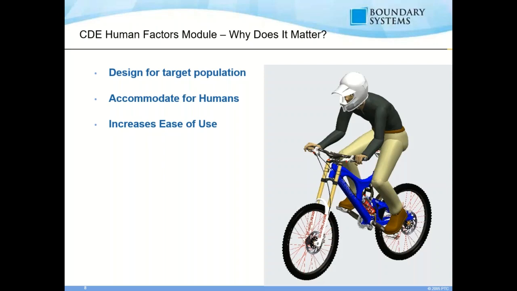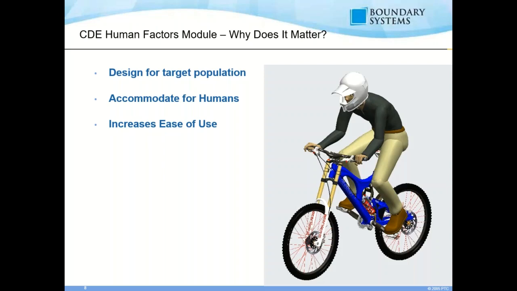And this is always a challenge with design: do you build your product and have humans accommodate to use that product, or do you build your product accommodating for humans, knowing that they're going to use it, and the easier they find it to use, the more people are going to purchase that product as a result, right?